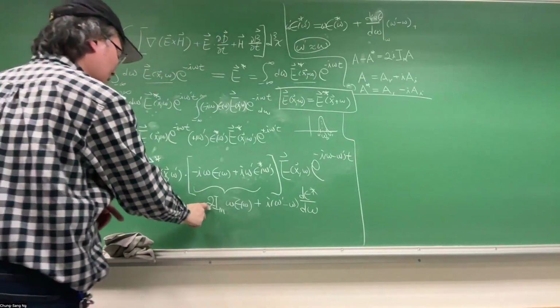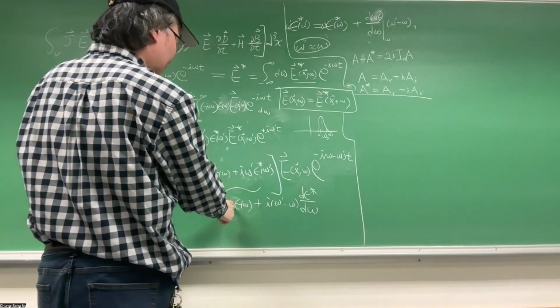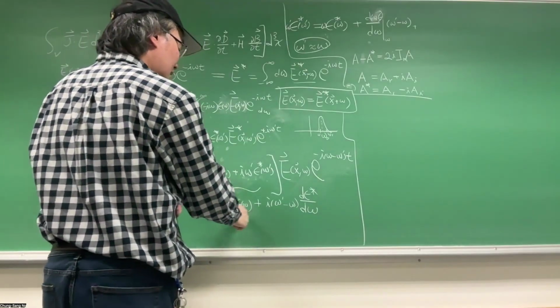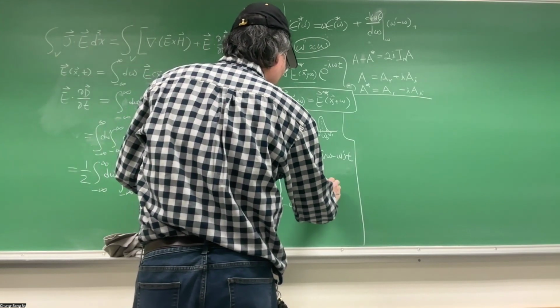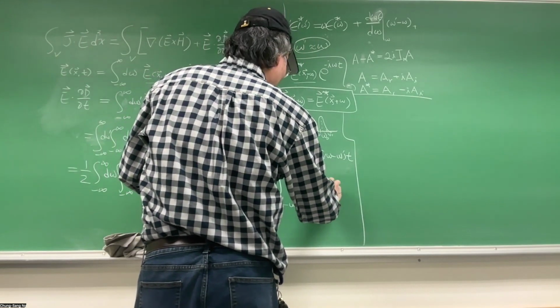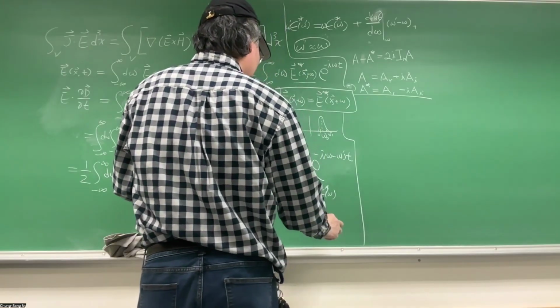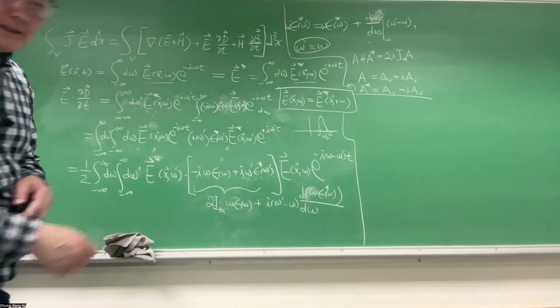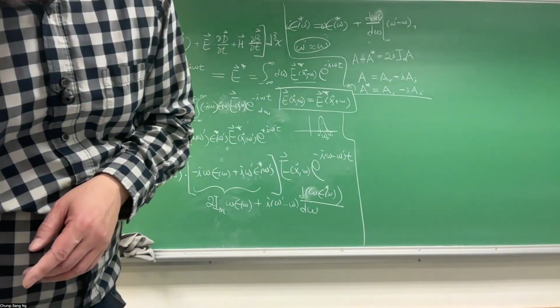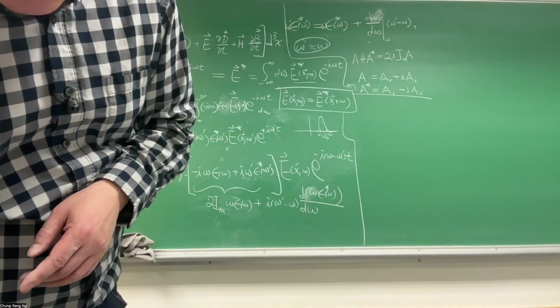And then you get two times the imaginary part of this one. But omega is anything anyway. So the stability is over omega times epsilon omega epsilon complex quantity omega. Okay, that's more like it.